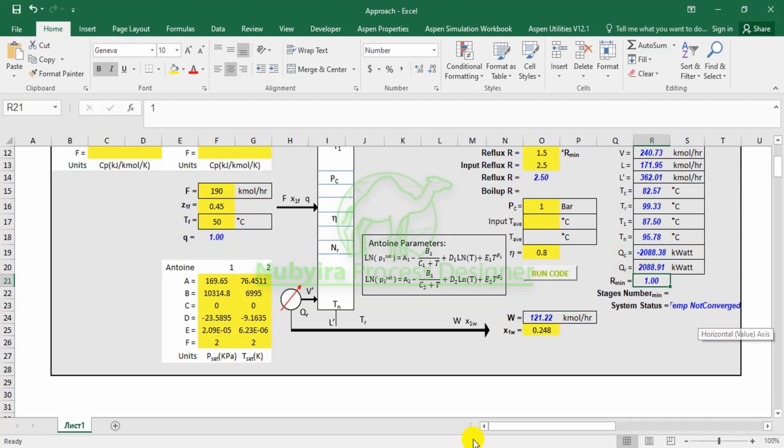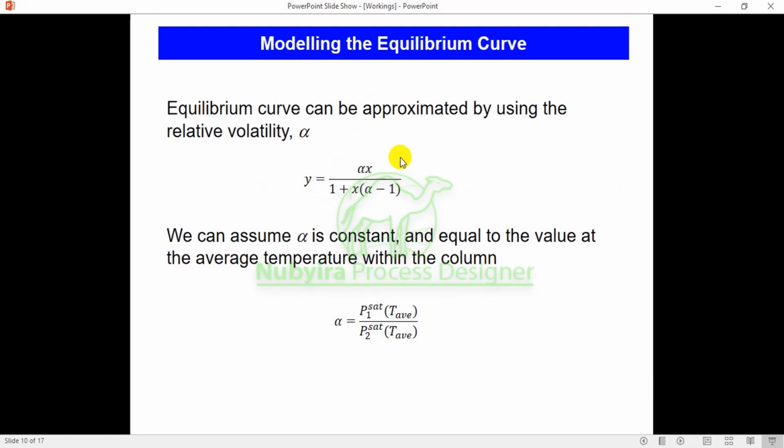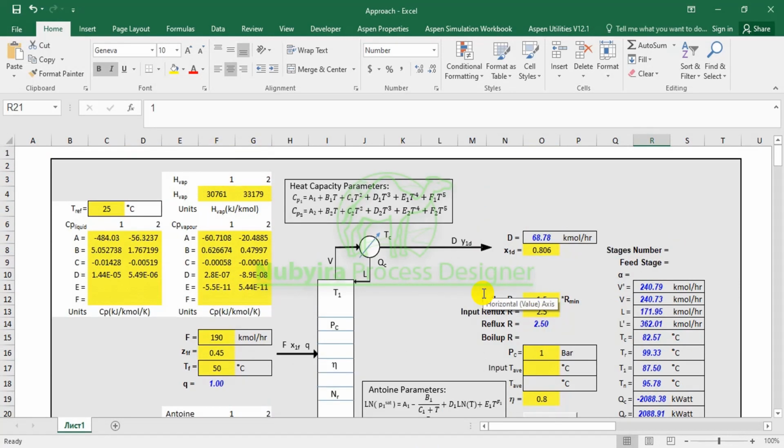So the next thing to do after that is the modeling of the equilibrium curve of the distillation column.